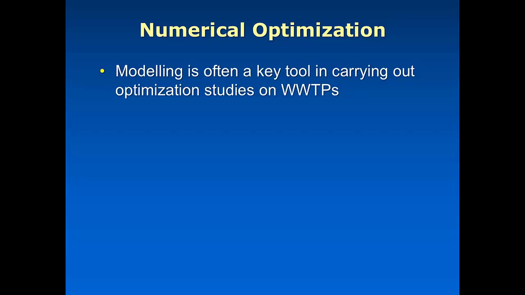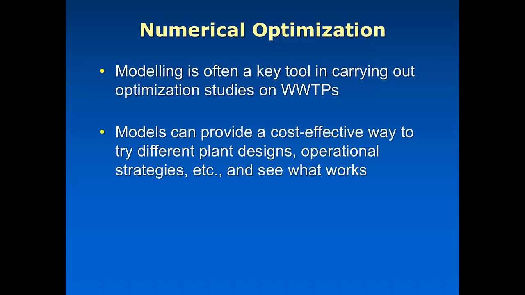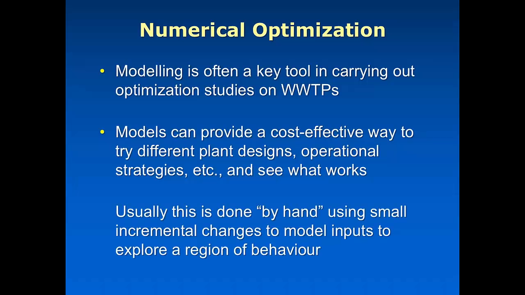Modeling is really a key tool and a very handy tool to be able to carry out optimization studies in wastewater treatment plants, as I'm sure you know. They can provide a really cost-effective way to try out different plant designs, different operational strategies, see what works, see what doesn't work, and then iterate through a bunch of different times to try and make things as good as they can be.